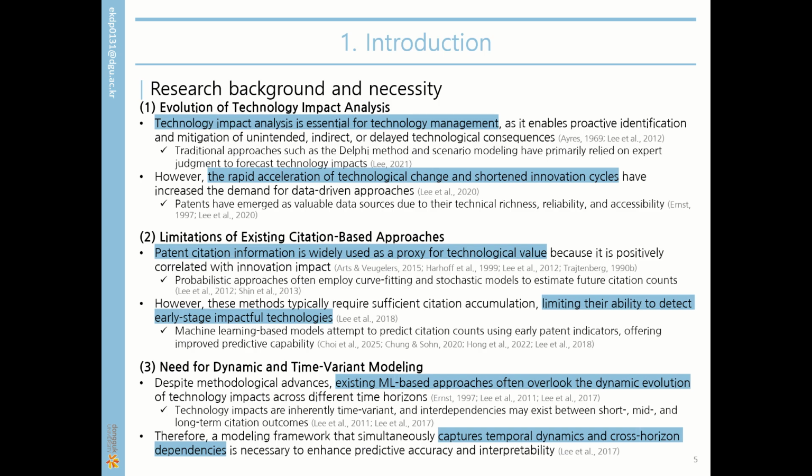In particular, patent citations are widely used as indicators of technological value. However, existing models often fail to capture the dynamic changes of technology impact over time. Therefore, this study emphasizes the need for a framework that can analyze technology impact across different time horizons.